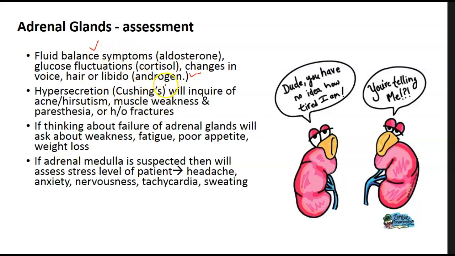Hypersecretion can lead to Cushing's, which can lead to an increase of acne and hirsutism, muscle weakness, paresthesias, and also increased risk of fractures. If you're thinking about failure of the adrenal glands, think about weakness, fatigue, poor appetite, and weight loss. The medulla, again, which is more neuro, think headaches, anxiety, nervousness, tachycardia, and sweating.